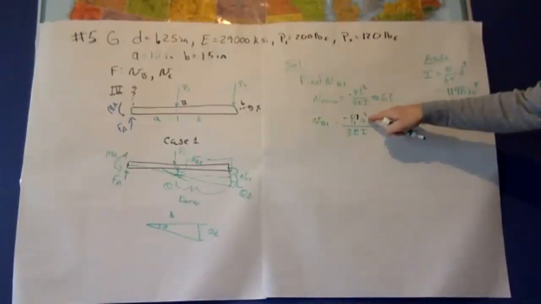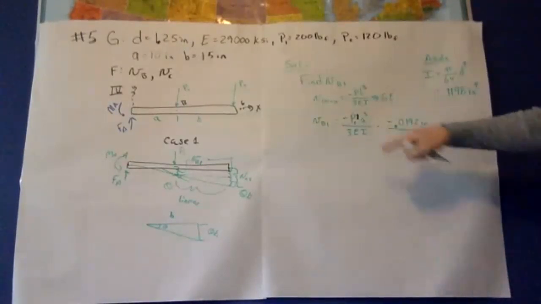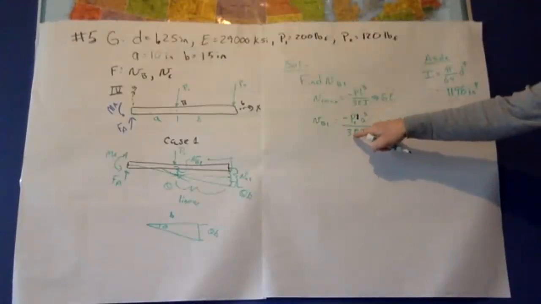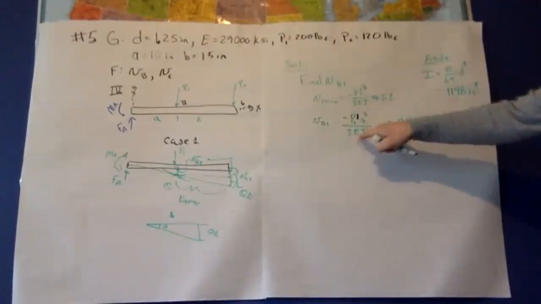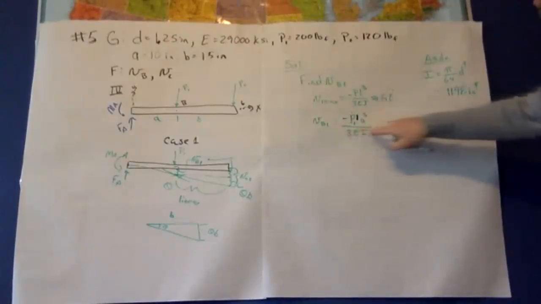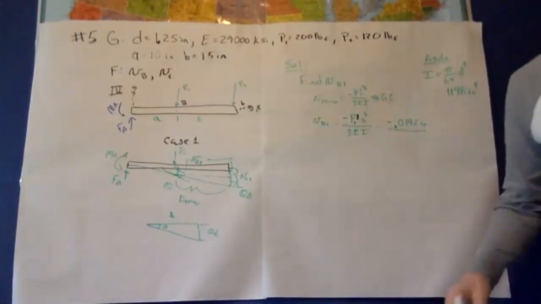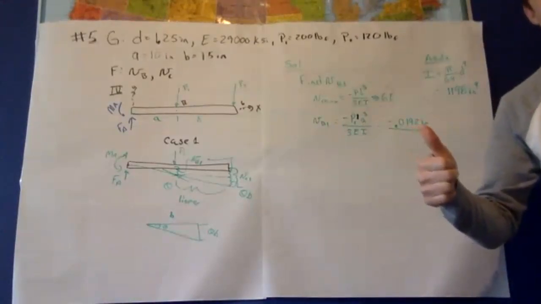If we work out the units, we have pounds multiplied by inches cubed, divided by pounds per inch cubed times inch to the 4th. So we're left with pound inch squared on the bottom. Divide by that and you get inches. Good? Yeah, that's good. Thank you.